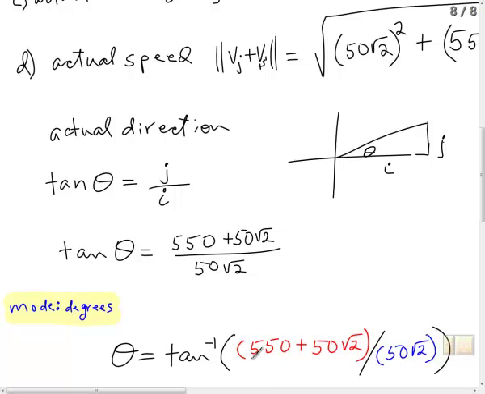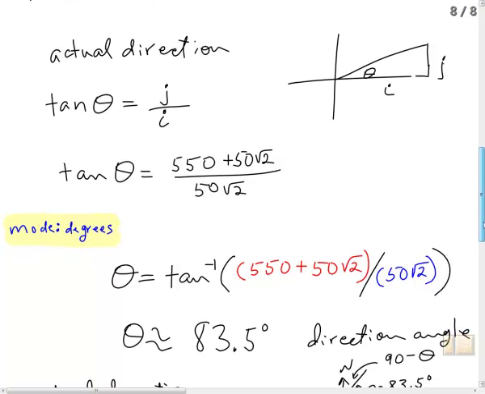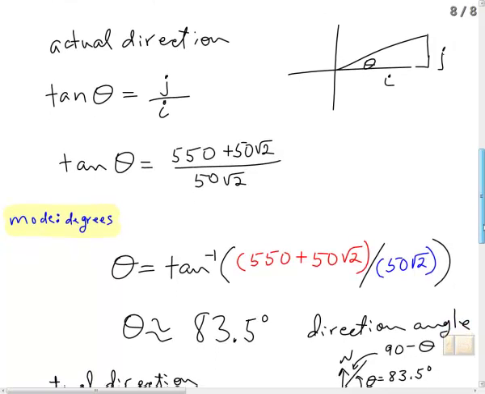So inverse tangent of (550 plus 50 square root 2) over (50 square root 2), and I would use parentheses in the denominator, because sometimes when you have 50 times something in the denominator like that, the other part of it gets multiplied instead of divided. You want to try this out on your calculator, and you get a direction angle of 83.5.